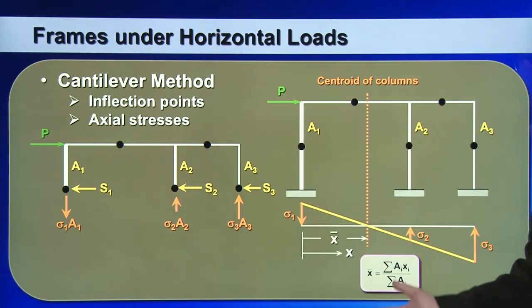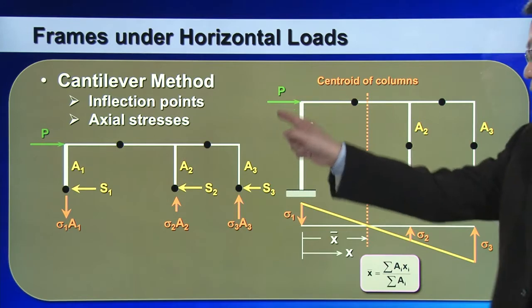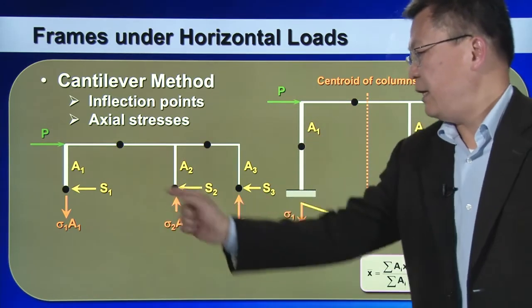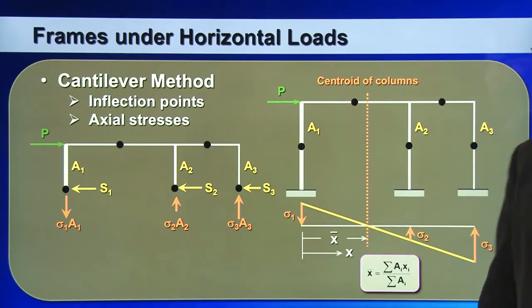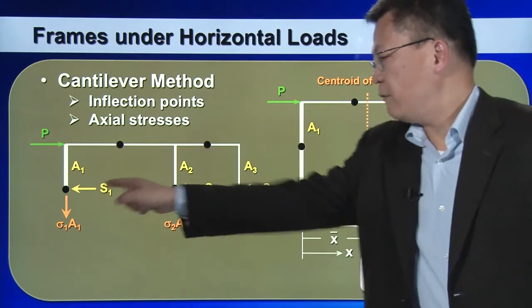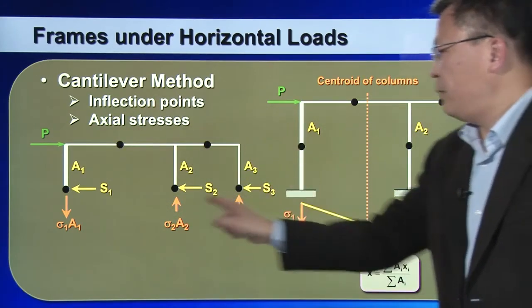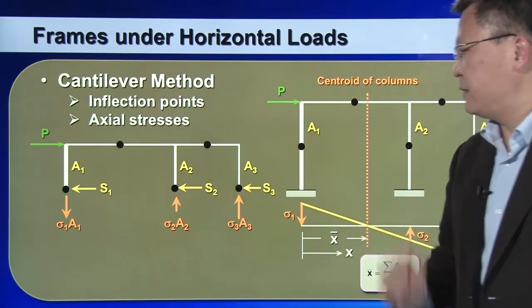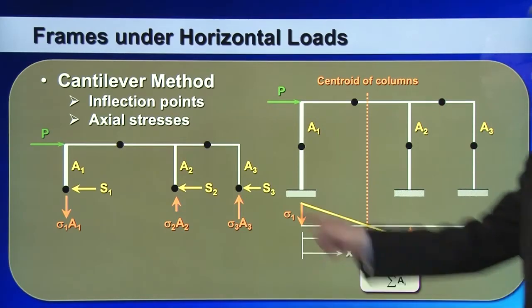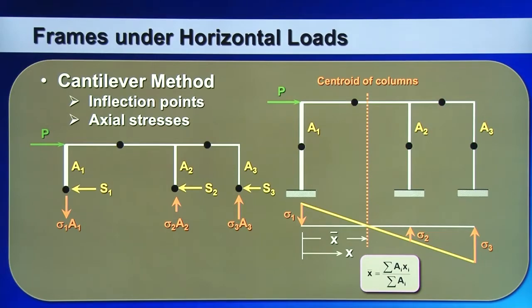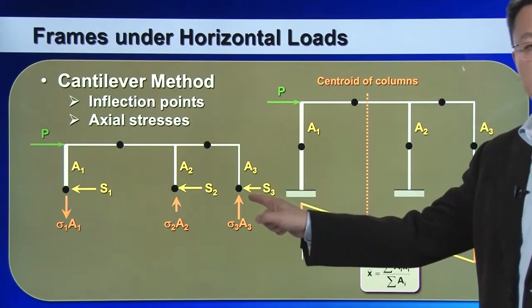To start the analysis, you take the upper half of the structure, put down the axial forces and the shear forces, and you can go to any one of the inflection points and do an equilibrium analysis on these free body diagrams. And because the axial forces are related through this relationship, there will be only one unknown.